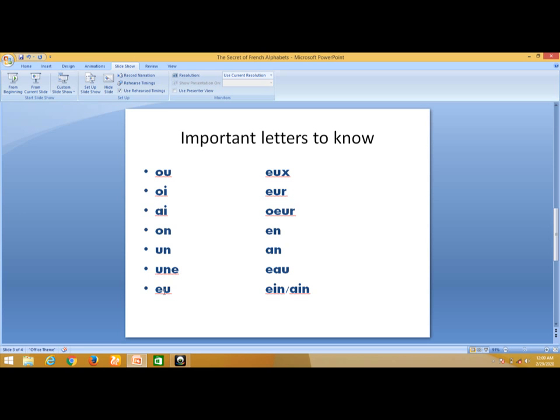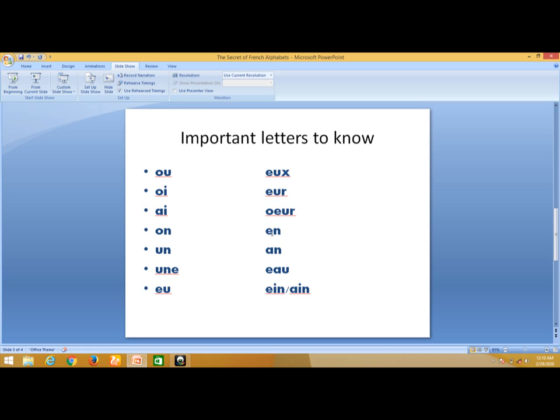So E and U is pronounced as E. The same thing for this. E, U, X is pronounced as what? As E. But whenever we have E, U, R it is pronounced differently. So the same thing for this one.